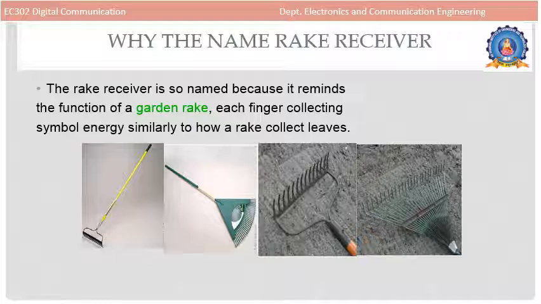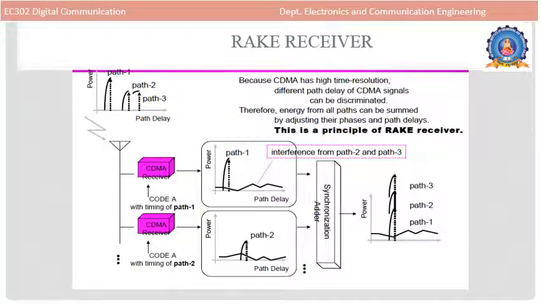These fingers collect each multipath component, and they are added or processed together to recover the information. That is why this receiver is known as a rake receiver. That means if you have multiple correlators, they are clubbed together to recover the information. This diagram shows the principle behind a rake receiver.